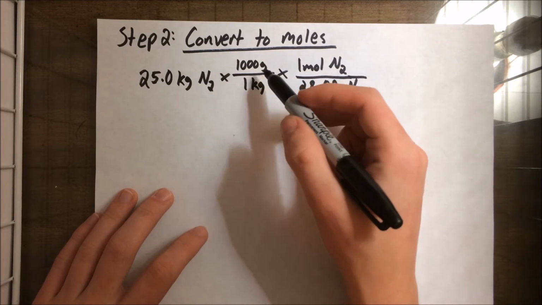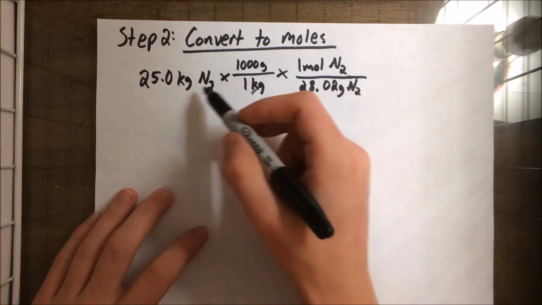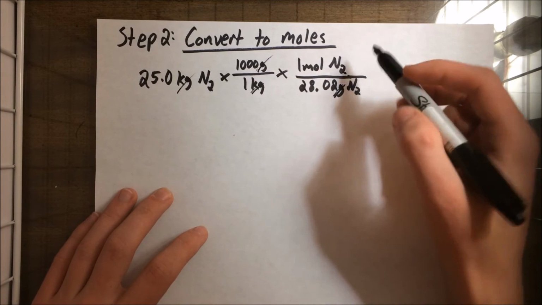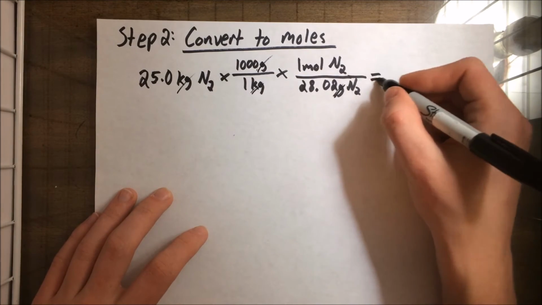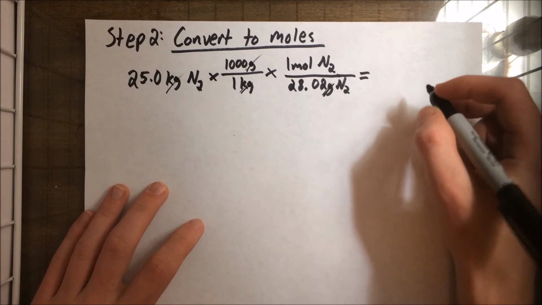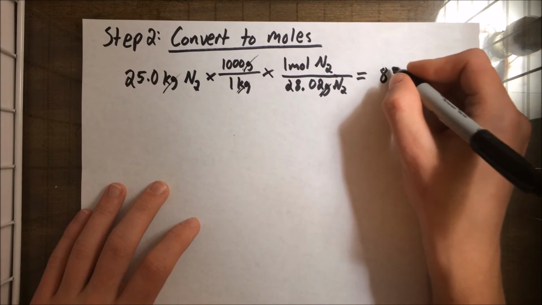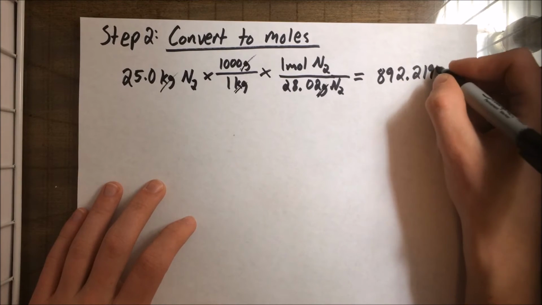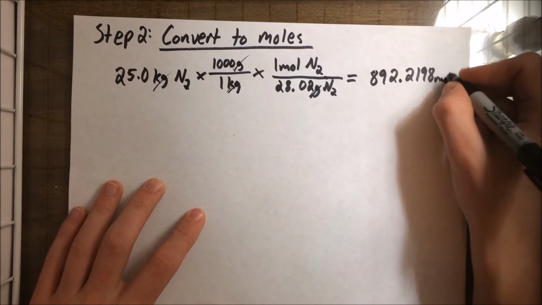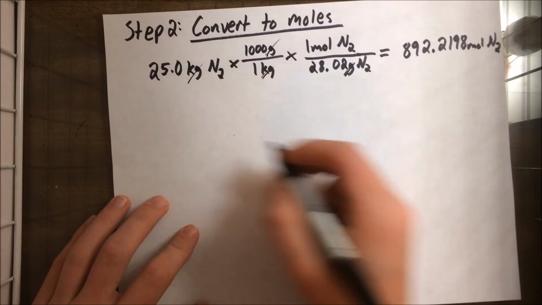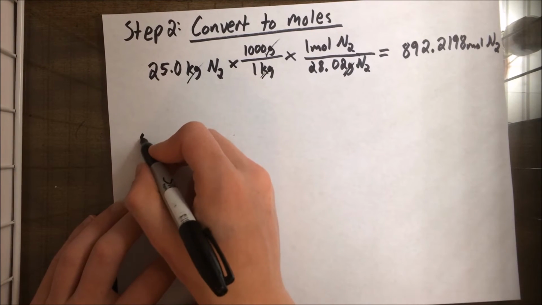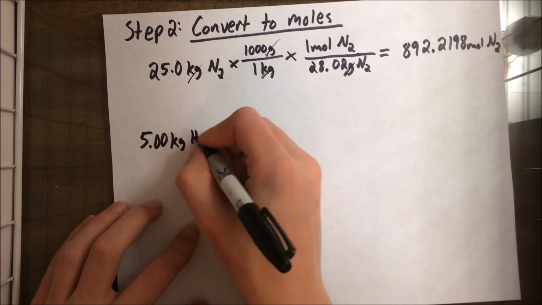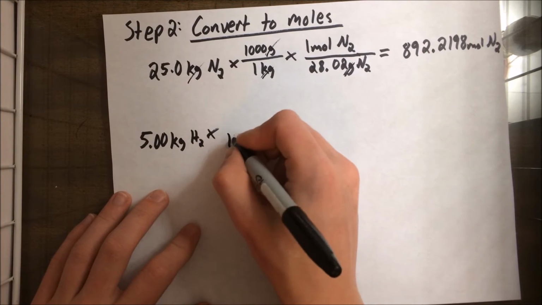This is to get it to grams, so that way that cancels and that cancels, and the grams cancel with that to leave you with just moles. So that would equal 892.2198 moles of N2.